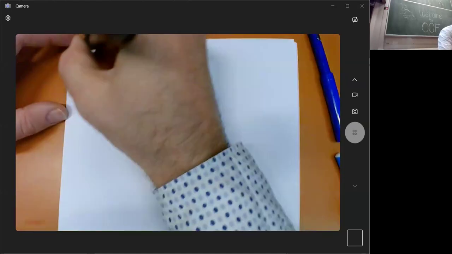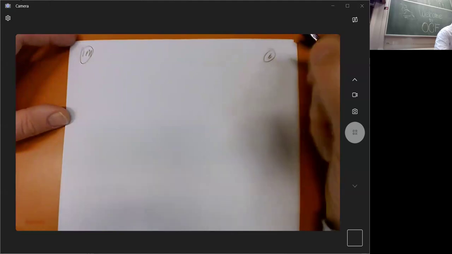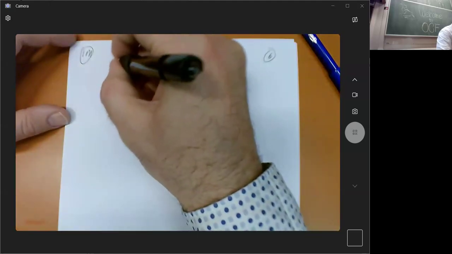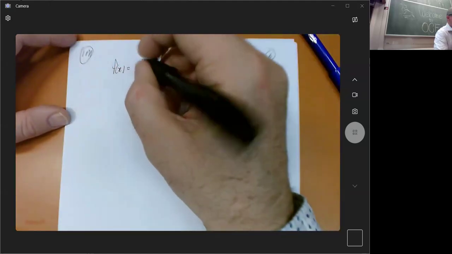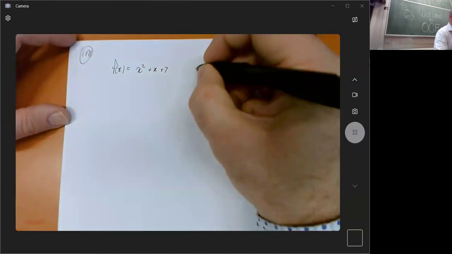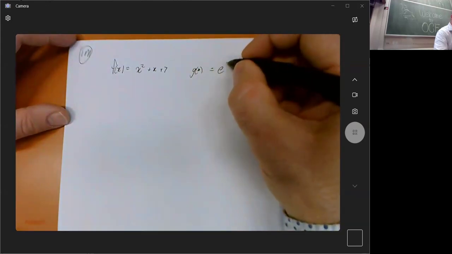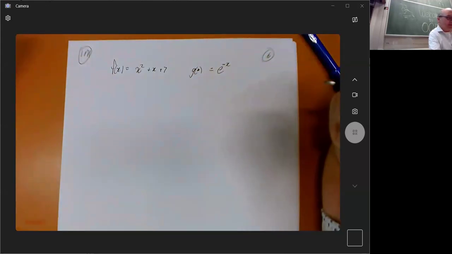So there is the sort of more, like I could have f of x is equal to, I don't know, x squared plus x plus 7. And g of x is equal to e to the minus x. All right.